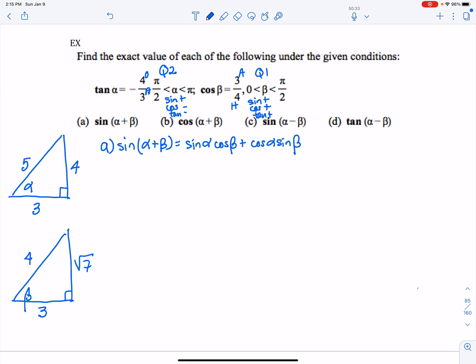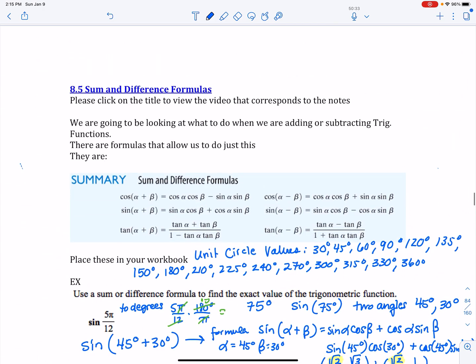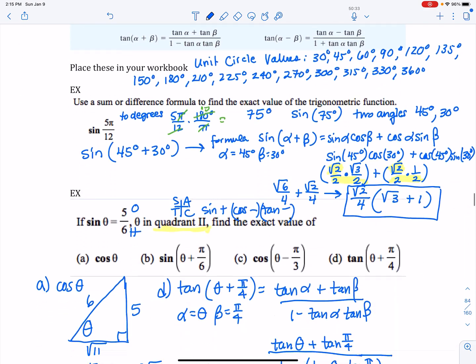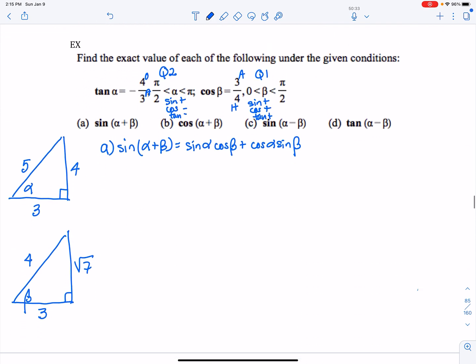And once again, I'm going to double check this, and if I go back up to the top, I get sine alpha cosine beta plus cosine alpha sine beta. Okay, so I'm ready to go, and now I have to plug things in.